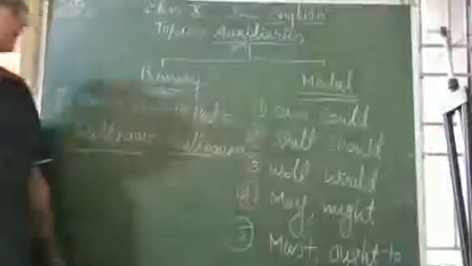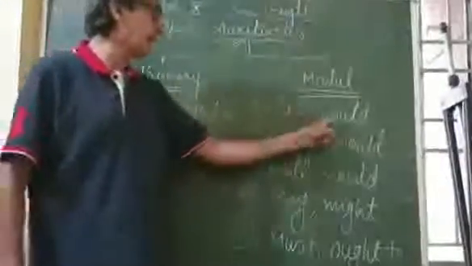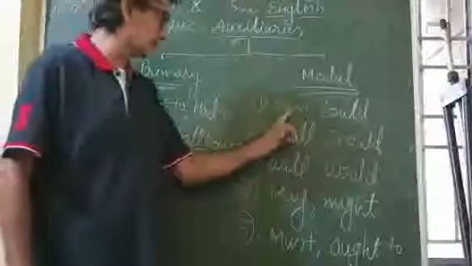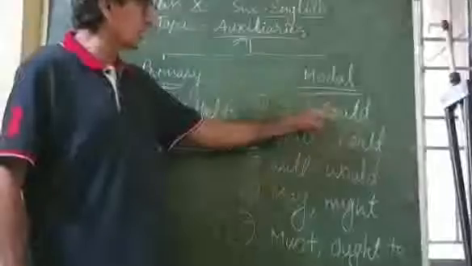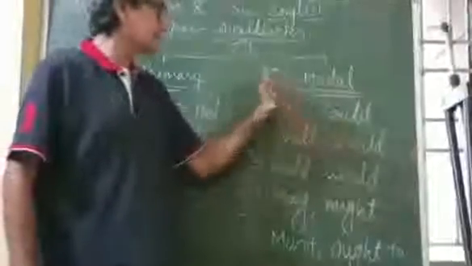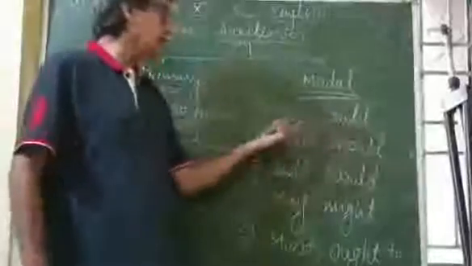So, first we will talk about can and could. Can is usually for the present and could for the past. But sometimes for a polite expression we use could for the present.